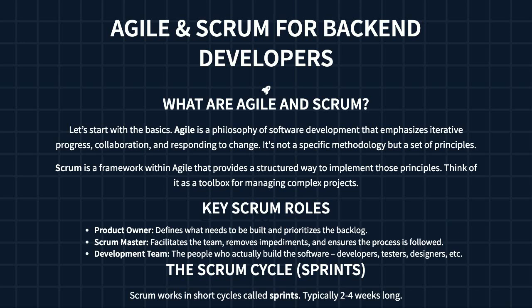It has key roles: a product owner who knows what needs to be built, a Scrum Master who keeps things running smoothly, and the development team that actually does the coding. They work in short bursts called sprints, usually around 2 or 3 weeks long. During each sprint, they plan what they'll do, have quick daily meetings to check in, show off their progress, and then reflect on how it went to improve for next time.